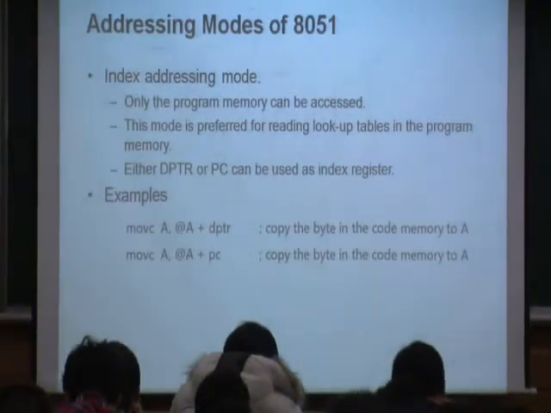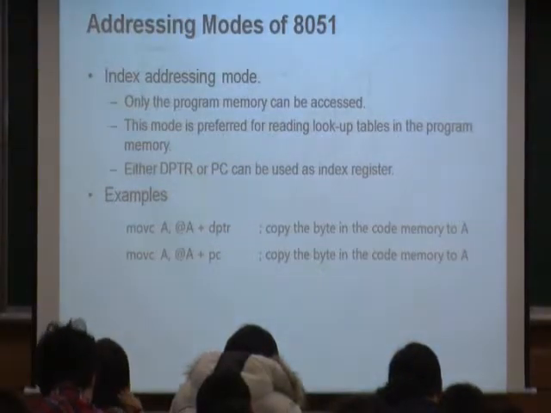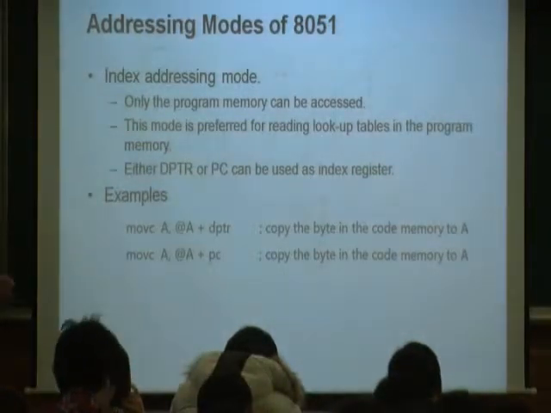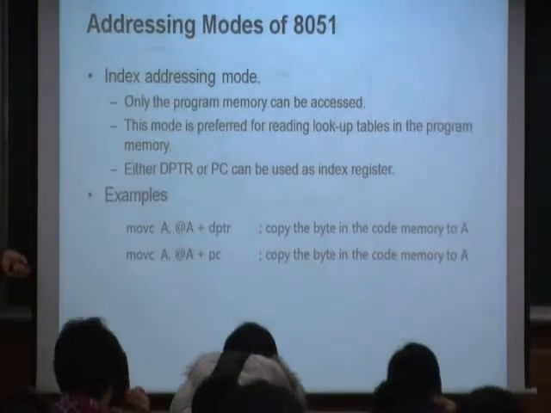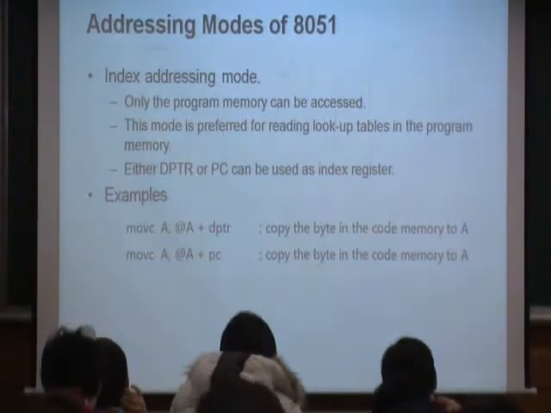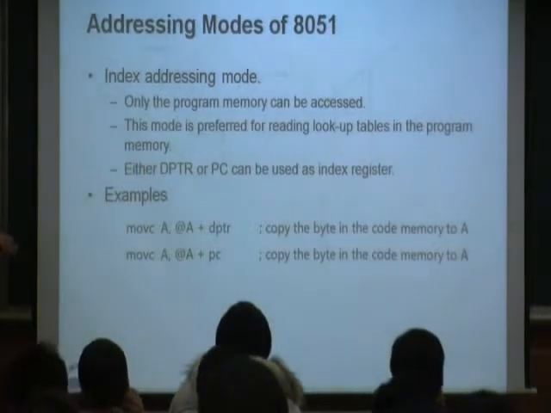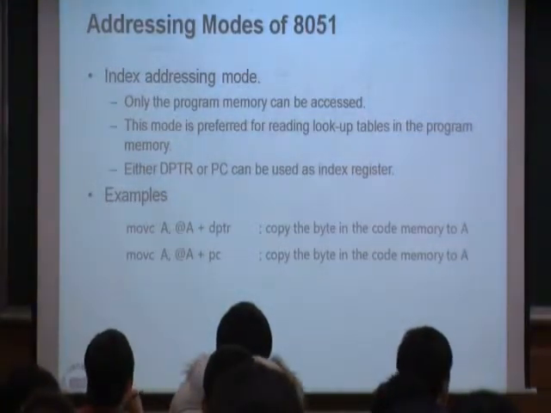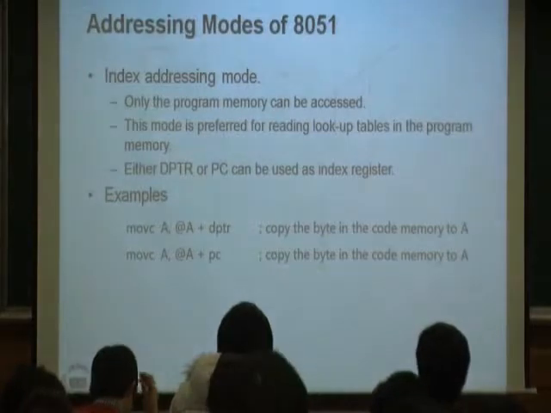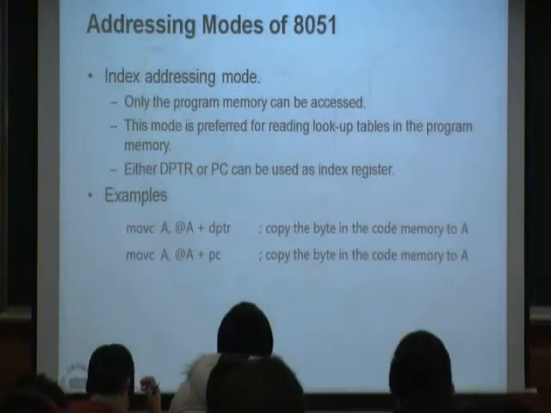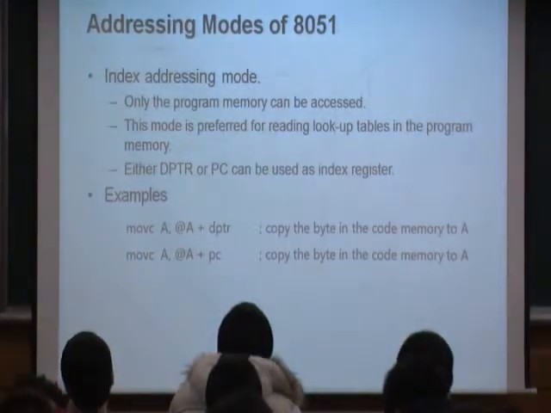Last one is index addressing mode. This is not that popular, but this is pretty much the example where you can use this addressing mode. First of all, you see MOVC, which is a new instruction, and there is also MOVX.